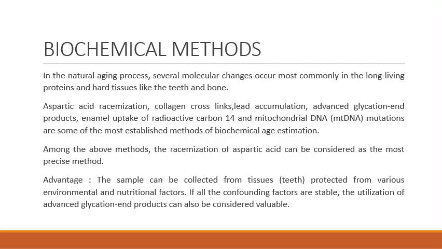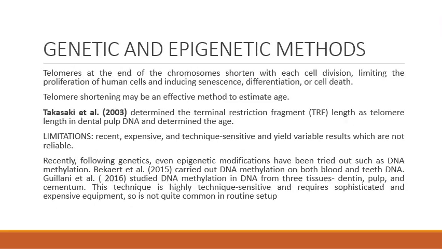Among these methods, racemization of aspartic acid can be considered the most precise method. The advantage is that the sample can be collected from tissues protected from various environmental and nutritional factors. If all the confounding factors are stable, the utilization of advanced glycation end products can also be considered valuable.